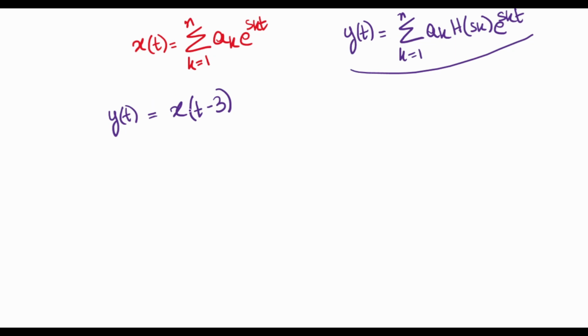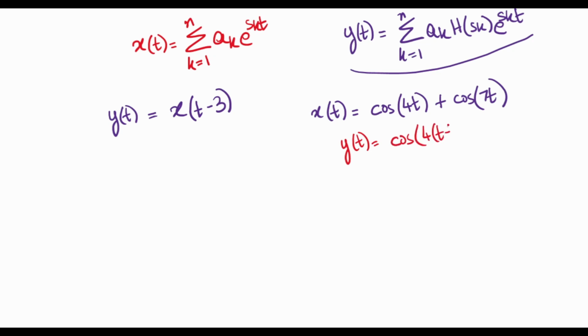So if this is the relationship between the output and the input, and I know that the input is a summation of two cosine functions, so cosine of 4t plus cosine of 7t, then very straightforward from here, I know that the response of the system will be cosine of 4 times t minus 3 plus cosine of 7 times t minus 3.